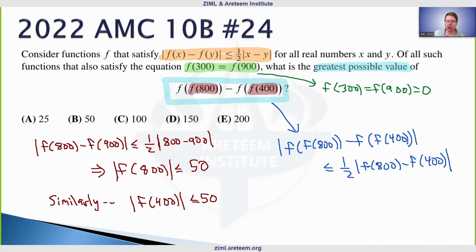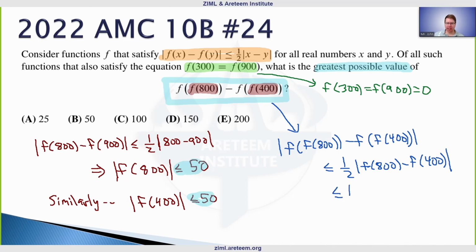Now here's where we can look at our bounds. In absolute value, both of them are less than or equal to 50. But if we want them to differ by as much as possible, one of them can be positive and one of them can be negative.